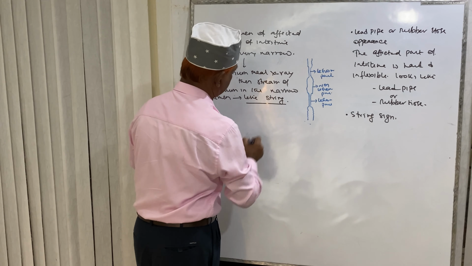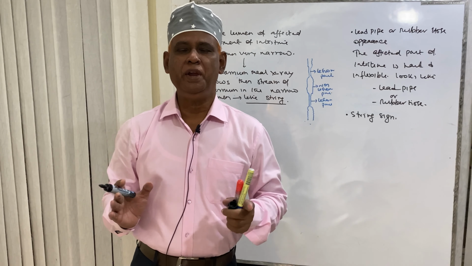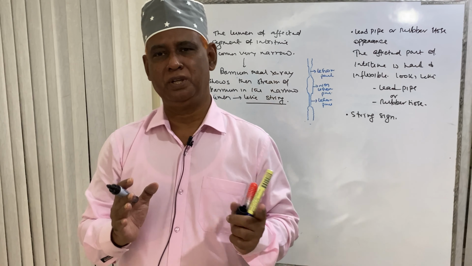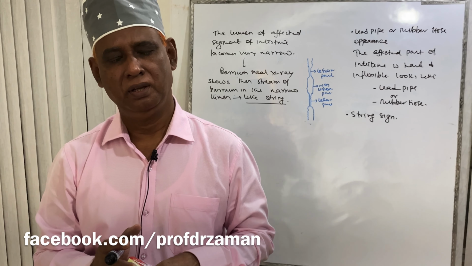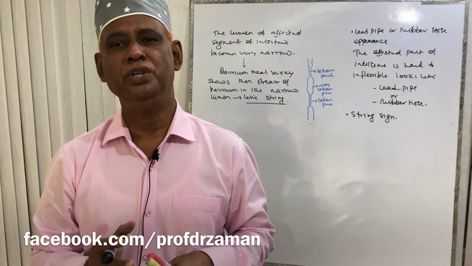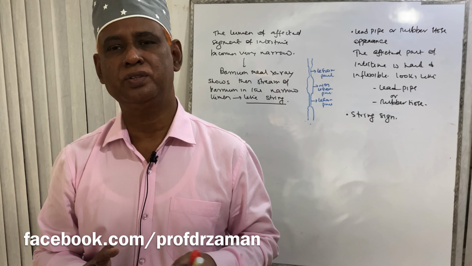This is the string sign. Again, the lumen of the affected segment of the intestine becomes very narrow, and barium meal X-ray reveals a thin stream of barium in the narrow lumen, and it looks like a string.